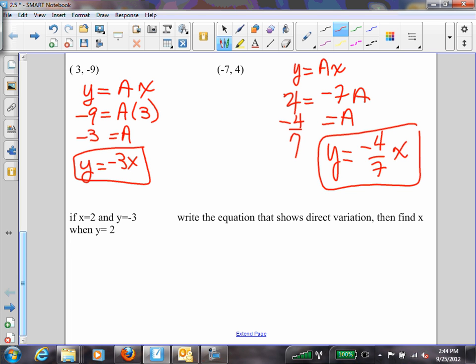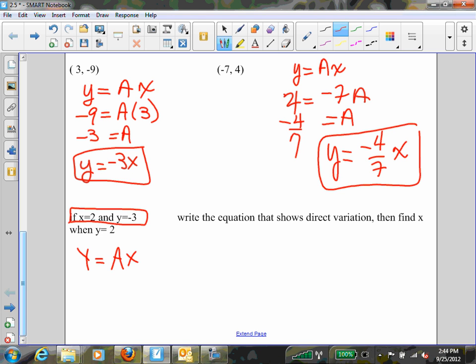All right. Write the equation that shows a direct variation, then find x. So now it's a two-step problem. The first step is just like the previous problems. If x equals 2 and y equals negative 3, I want you to write the equation for this. So that means y equals ax, negative 3 equals 2 times a.